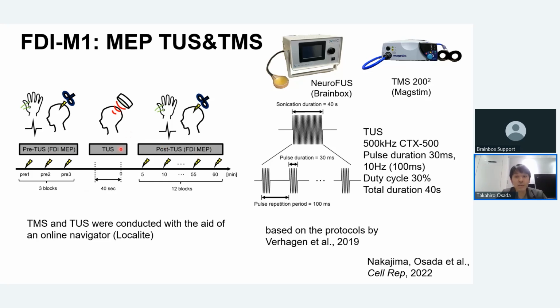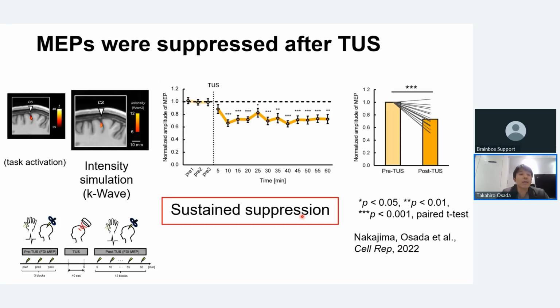A 40-second train of pulsed 500 kHz ultrasound consisting of 30 millisecond bursts every 100 milliseconds was delivered to the target FDI-M1 spot. Intensity simulation revealed that the target site was effectively stimulated, as shown here, compared to the task activation.